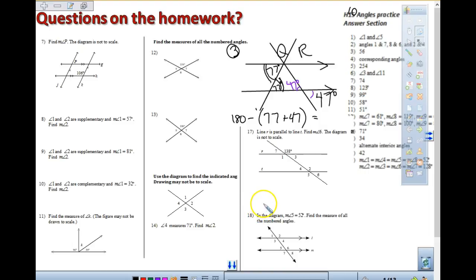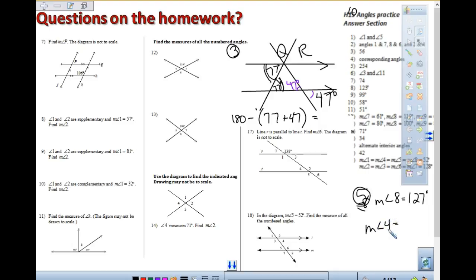Number 5 says the measure of angle 8 in the diagram above is 127 degrees. So if we are looking at question number 5, it's telling us that the measure of angle 8 is equal to 127 degrees. It says, what is the sum of angles 1 and 4? So if we take a look at where 8 is, what do we know about the measure of angle 4 in that picture?